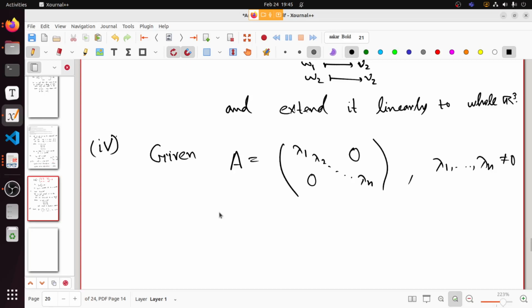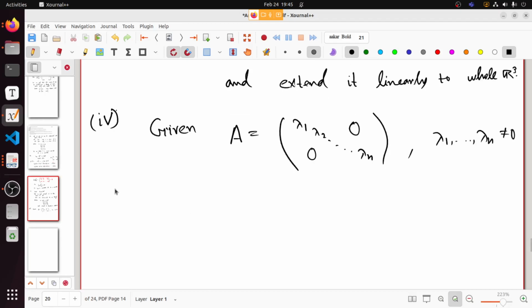So it's asking whether there exists a non-invertible linear transformation whose matrix is A.